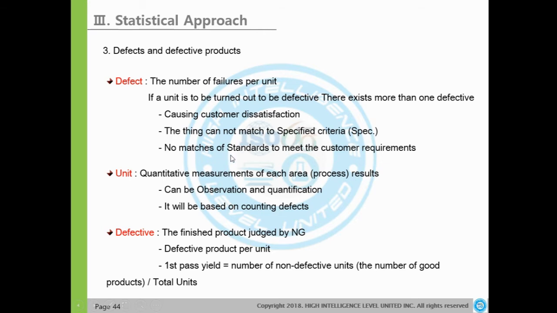So there is no match to standards to meet the customer requirements. So we have to meet the standard so we can meet customer requirements. So this is a defect.